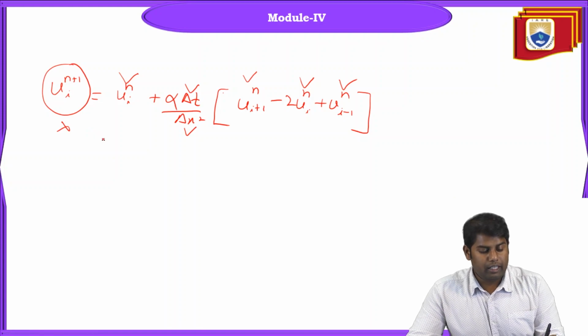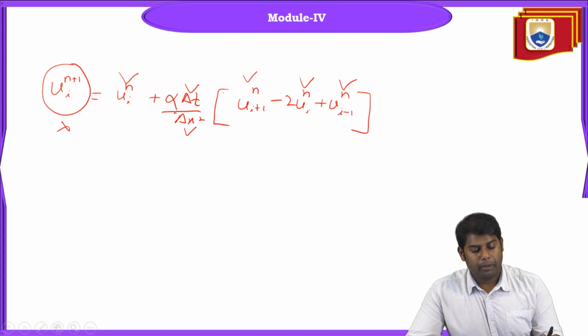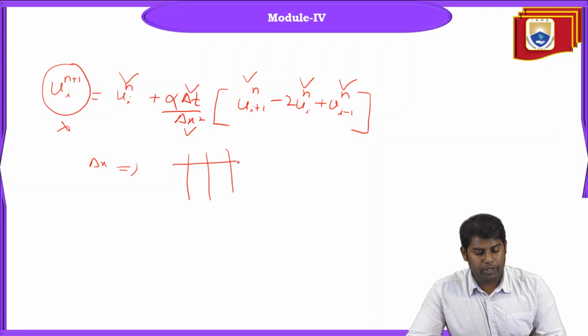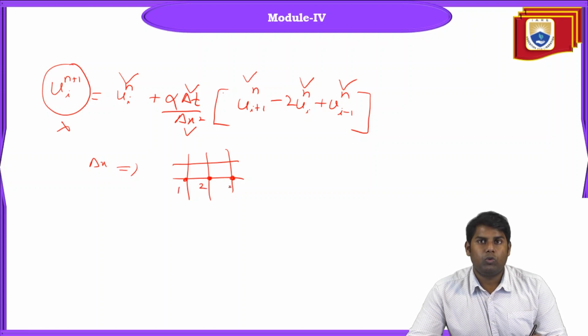Here delta t and delta x play a major role in governing the fluid flow in a particular cell. Delta x corresponds to the distance between the grid points. Take one grid point, another grid point, and another grid point: grid points 1, 2, 3.